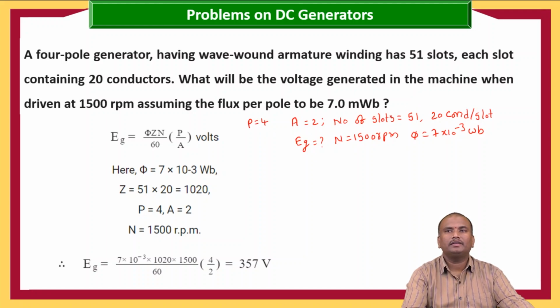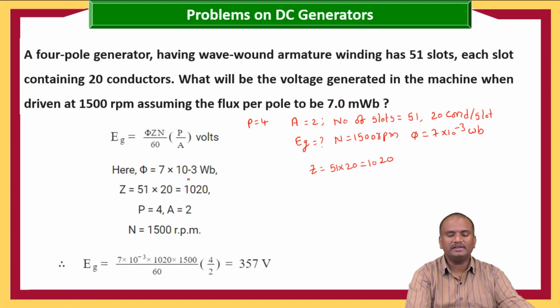And here the number of conductors directly is not given, but the data to calculate the number of conductors is given, where Z is equal to number of slots into number of conductors per slot, that is 1020.